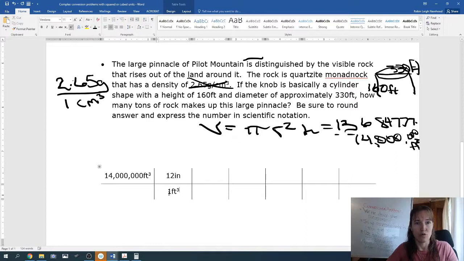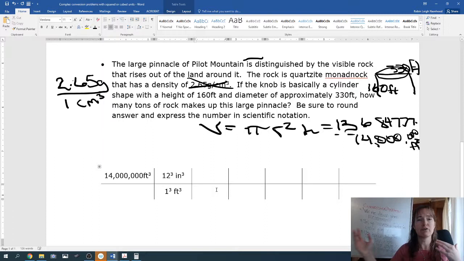So 1 foot cubed, so 1 cubed, feet cubed, and then you have to cube the number and the unit for inches. Many people just put this in parentheses, but I'm going ahead and distributing it to the number and the unit so that it doesn't get lost when you cancel out the units.